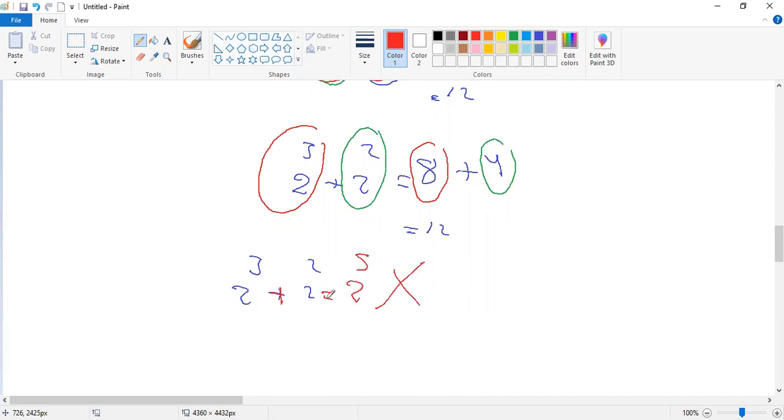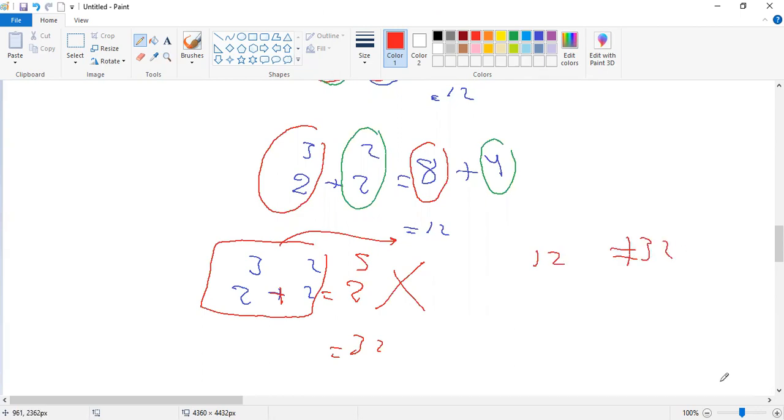Can it be written as 2 power 5? Wrong, we can't. Why? Because 2 power 5 is 32, and this one is equal to 12. So 12 is not equal to 32.